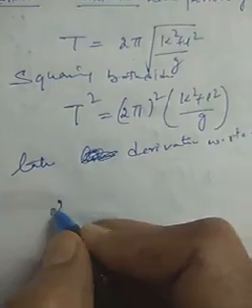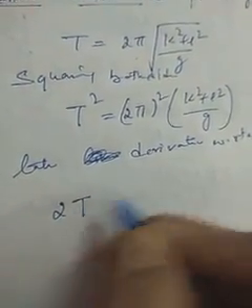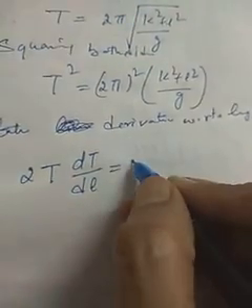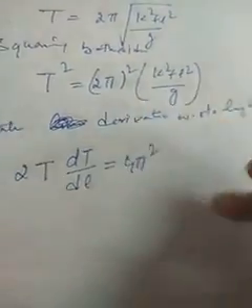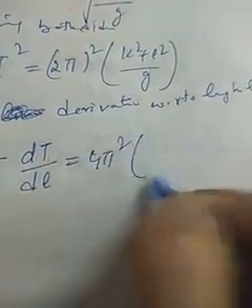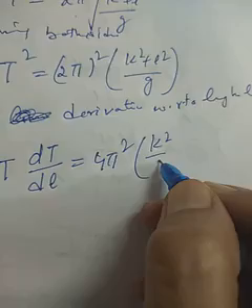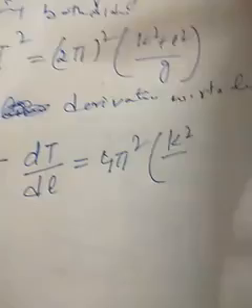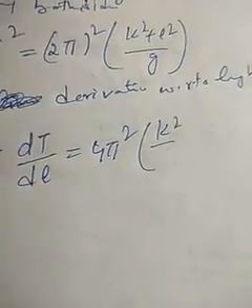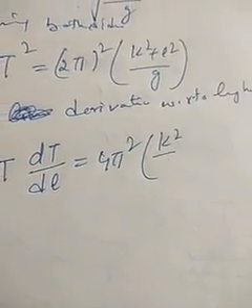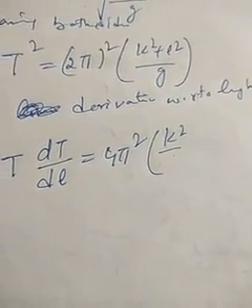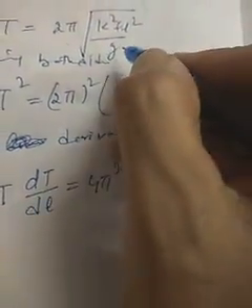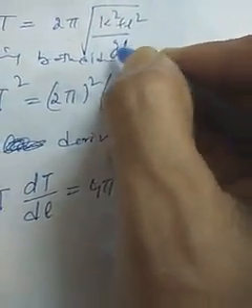So it can be written as 2T dT by dl equals 4 pi square, and then k square upon g, where k square plus l square divided by g into l is there.